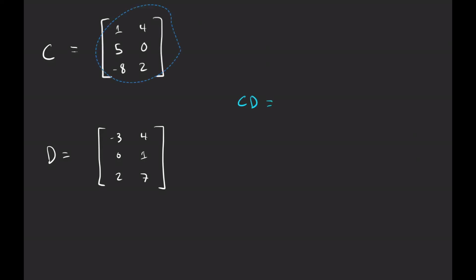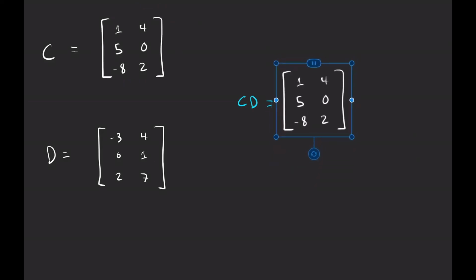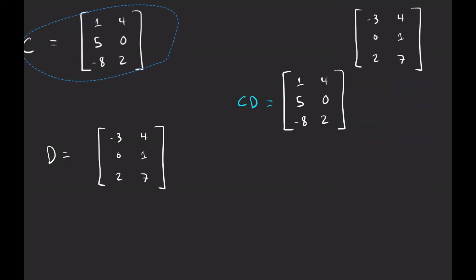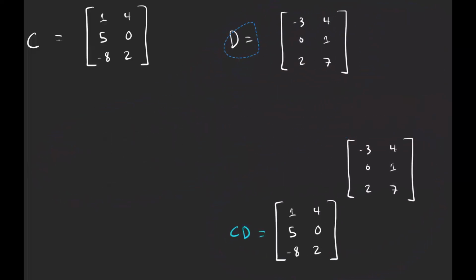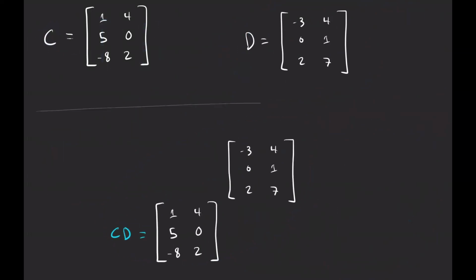Let's take C times D, and I'm actually going to use that sort of trick notation that we had prior. Give me a moment while I do some copying and pasting. Let's do some shuffling around of where all this is. So there's C and D. And then CD, we're going to do the same kind of fun notation here.